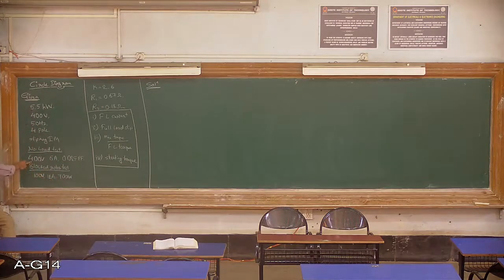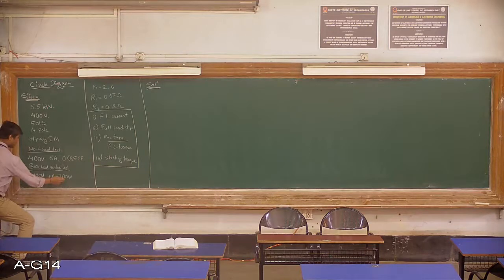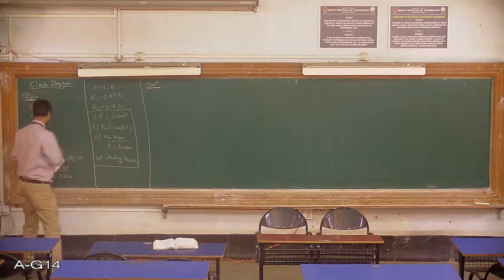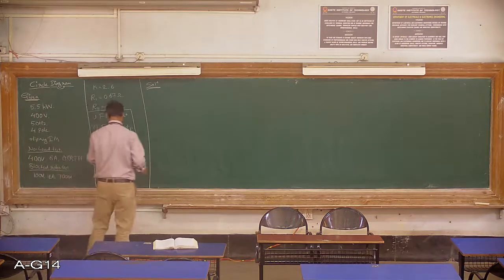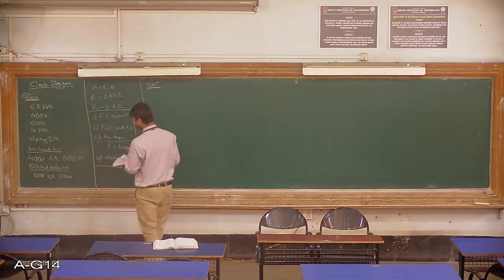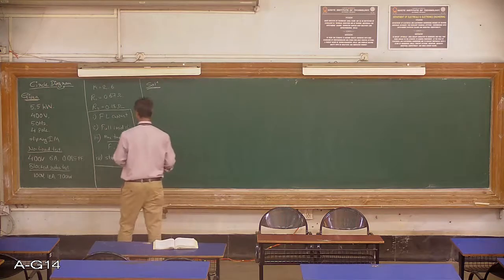V naught is 400 volts, I naught is 6 amperes, and cos phi naught is 0.085. And here it is VSC, ISC, and they have given WSC. So we should calculate cos phi SC, as well as ISN and WSN.